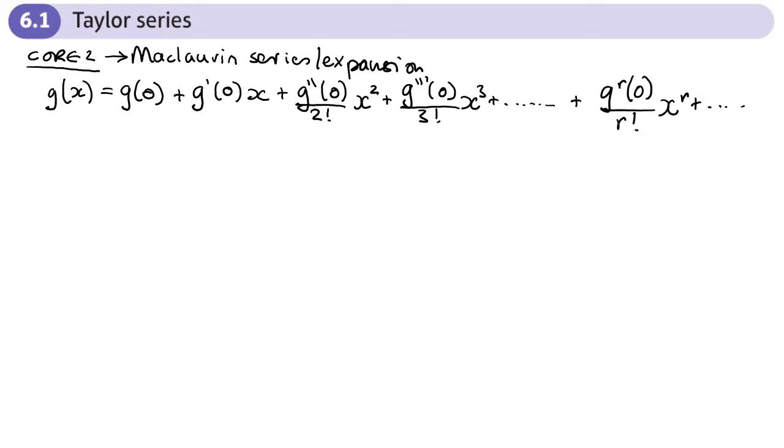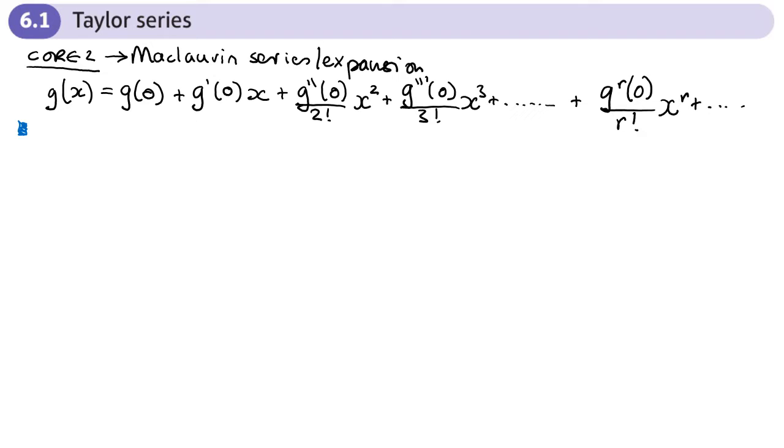Okay, now we can only generate this if we have a function that can be differentiated an infinite number of times. So here we just keep differentiating. You can't do that with all functions. You can with sine, you can with cos, you can with tan, you can with e to the x, you can with log of 1 plus x.